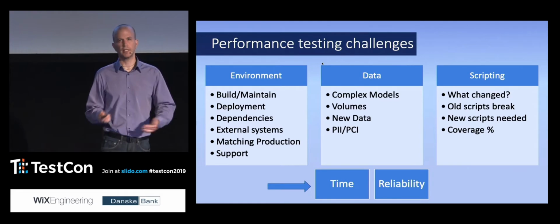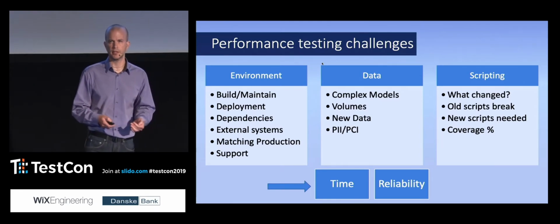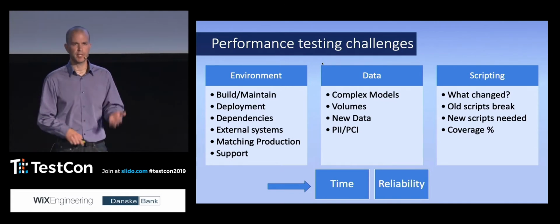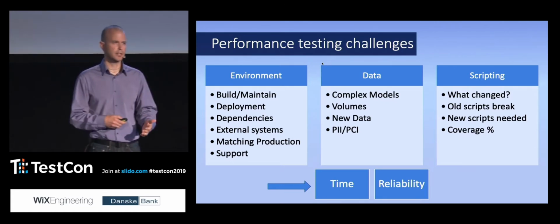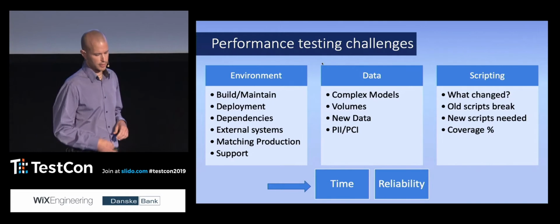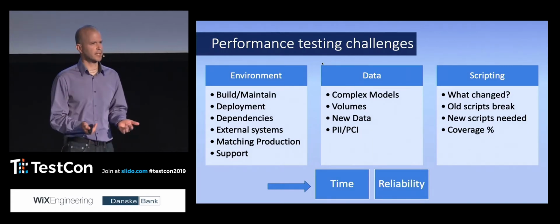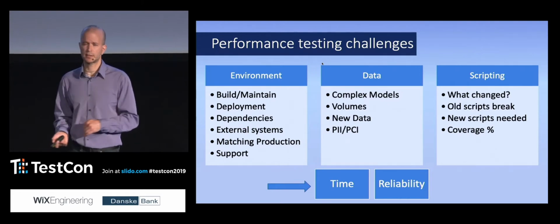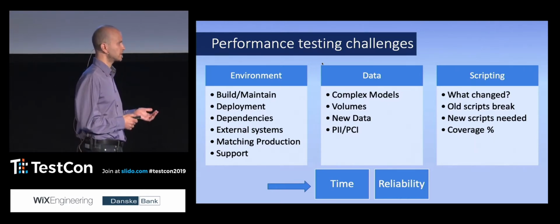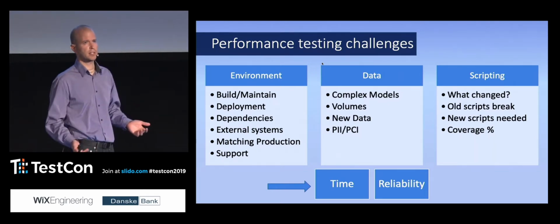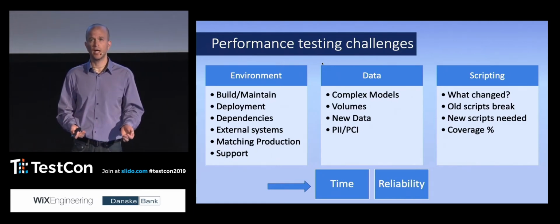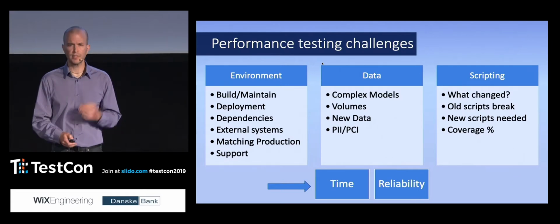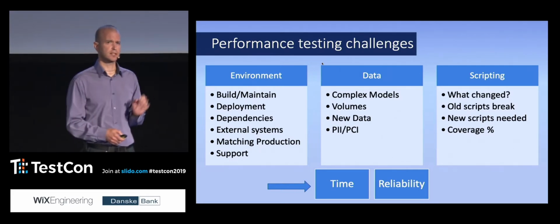And of course, in any type of automated testing, you have the scripts that you have to constantly maintain and update, and that's just a never-ending ordeal. So all of these things mean that you spend a lot of time trying to do your performance testing, and all of these challenges bring into question the reliability or the accuracy of your test results. So we need to start thinking about performance differently.